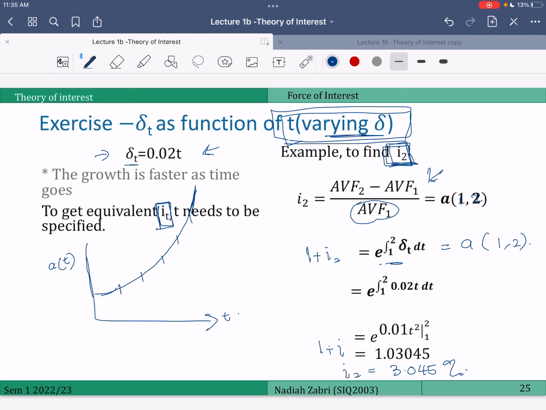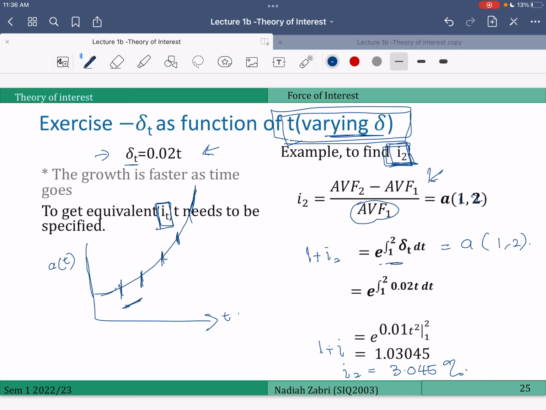So you have to bear in mind, if you want to find the equivalent interest rate, you have to specify the period. It doesn't mean that throughout this period, let's say now is year 2, the I is always 3.045.